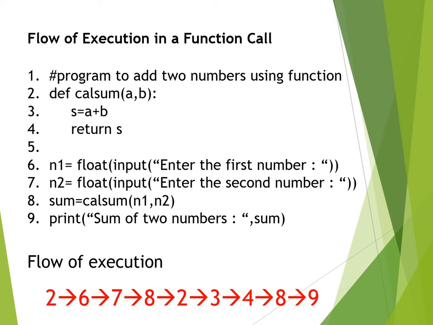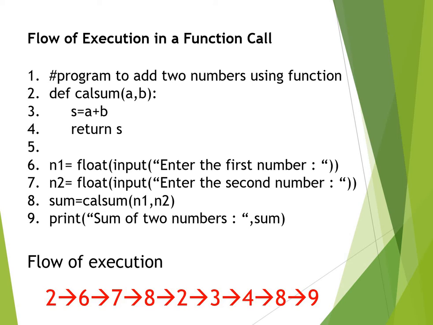All the statements inside the function body will be executed, and with the return statement or the last statement of the function, the control jumps back to the function call.